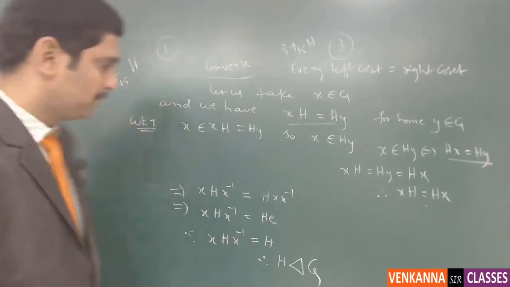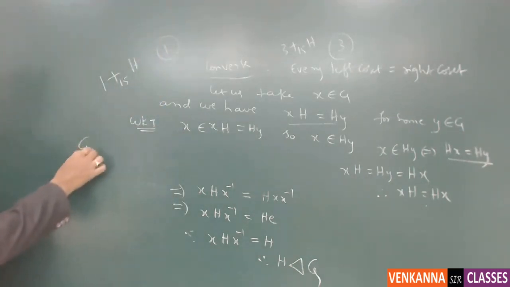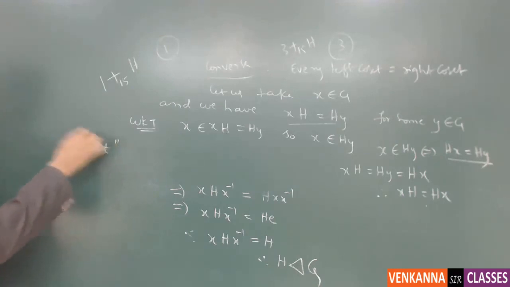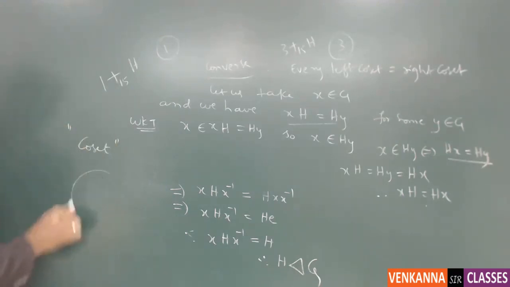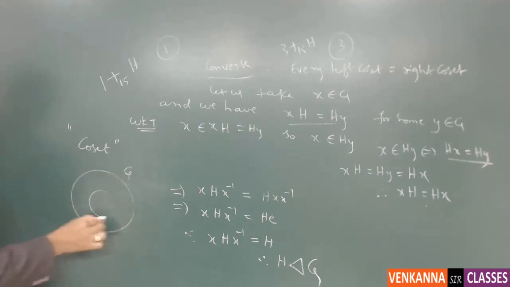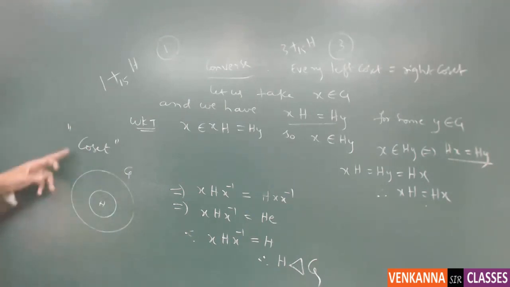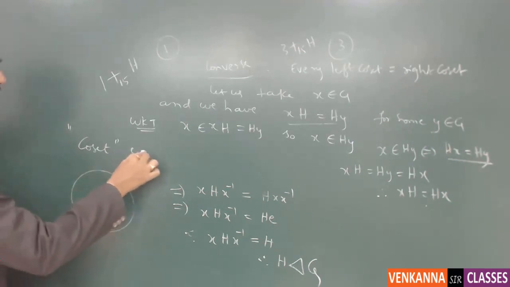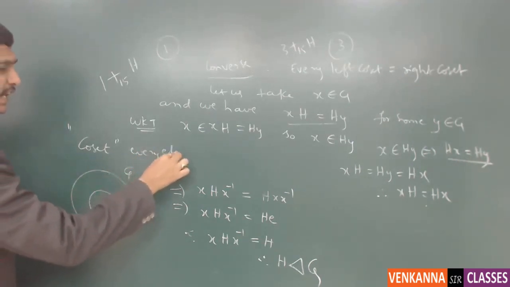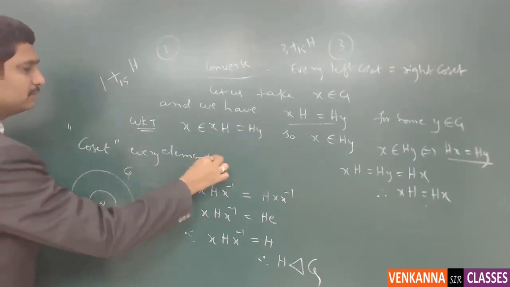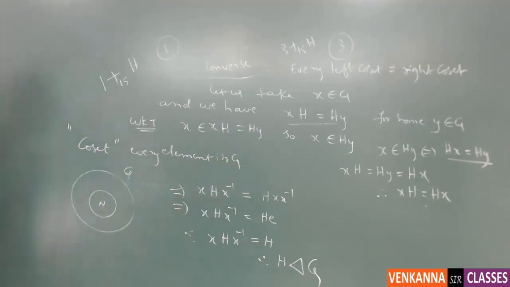Please understand, if you observe the concept of coset, a coset will be formed by taking every element in G. We are just talking about finite groups.